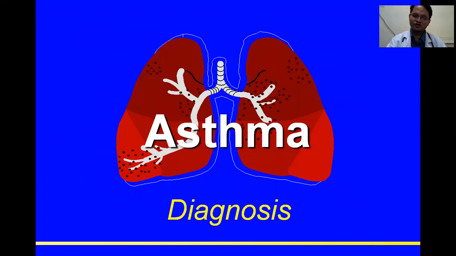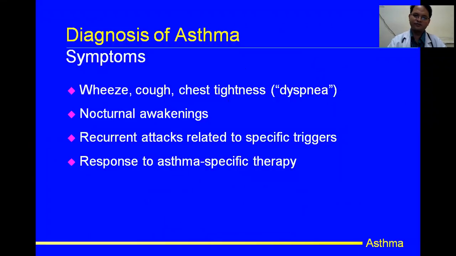So how to diagnose asthma? First, we categorize the patient based on the classical symptoms of asthma, namely wheeze, cough, dyspnea, and chest tightness. There will be nocturnal awakenings and recurrent attacks related to exposure to specific triggers.